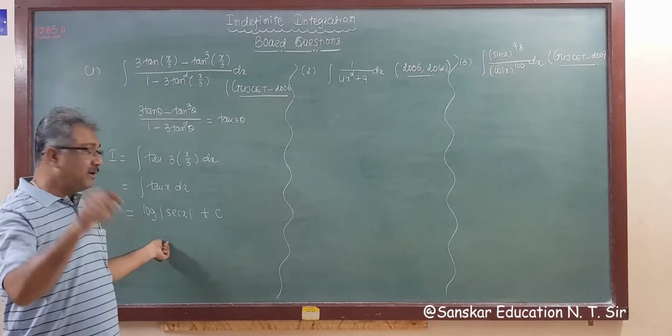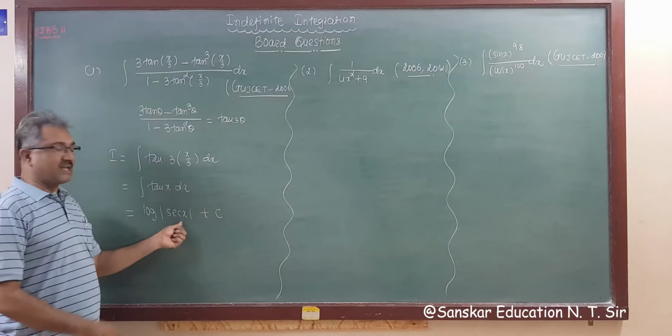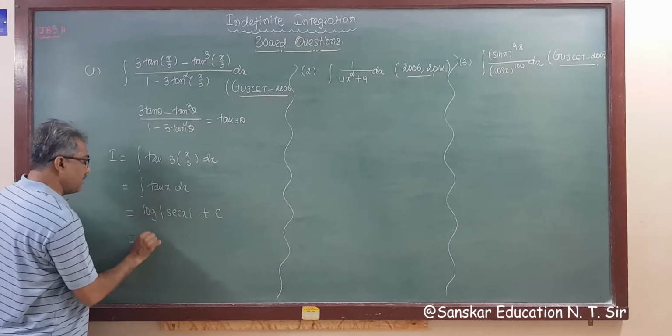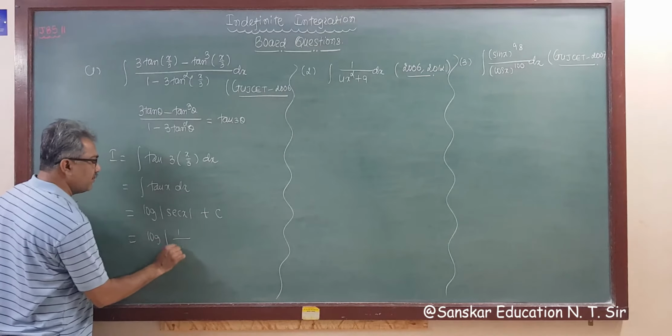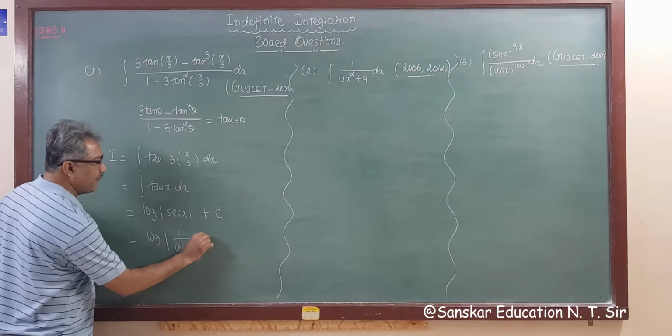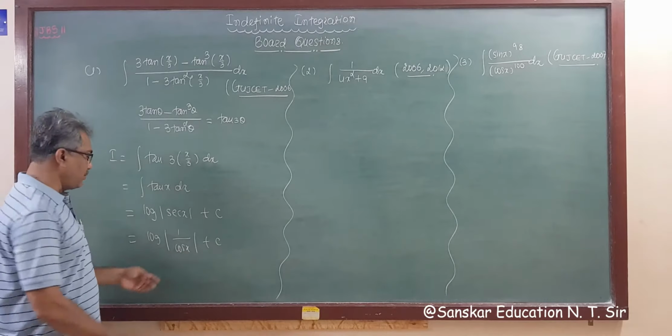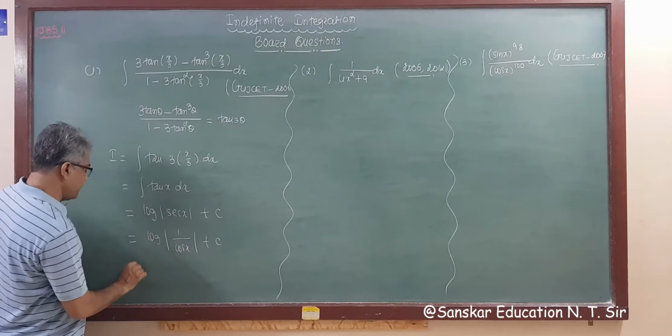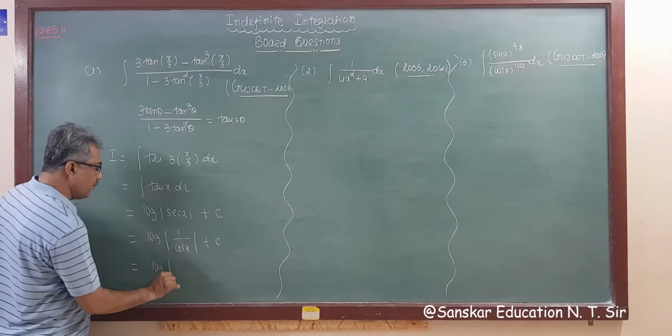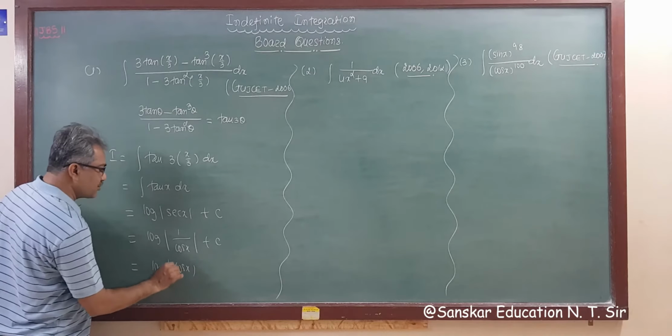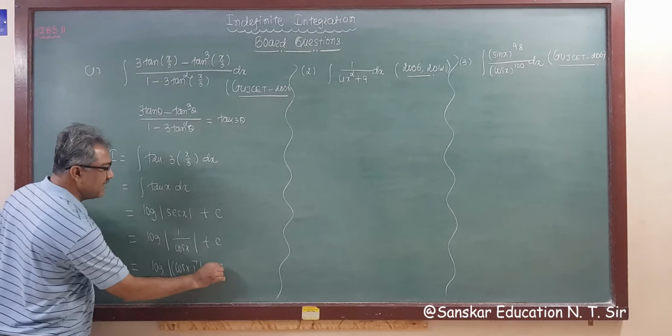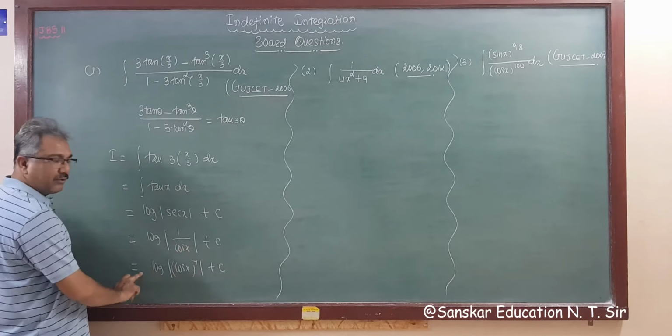It is given as minus log cos x, because sec is 1 upon cos, and you have a formula of this in cos also. If we write this, it becomes log mod cos x raised to minus 1 plus c, and minus 1 comes in front according to the log rule.